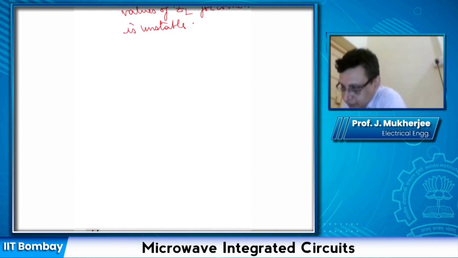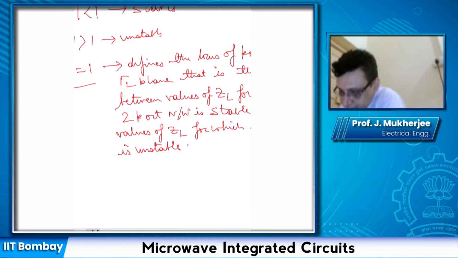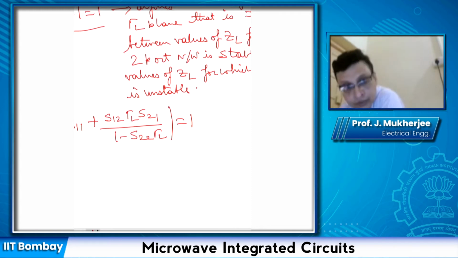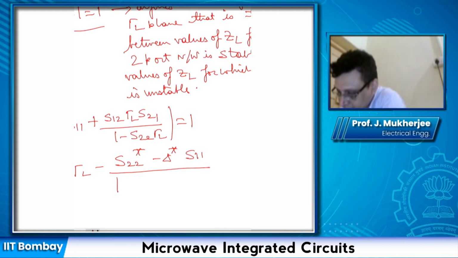Okay, so let me rewrite it. This implies modulus of S11 plus S12 gamma L S21 upon 1 minus S22 gamma L equals 1, and this can be shown to be equivalent to modulus of gamma L minus S22 conjugate minus delta conjugate S11 upon S22 square minus delta square is equal to modulus S12 S21 upon S22 square minus delta square.